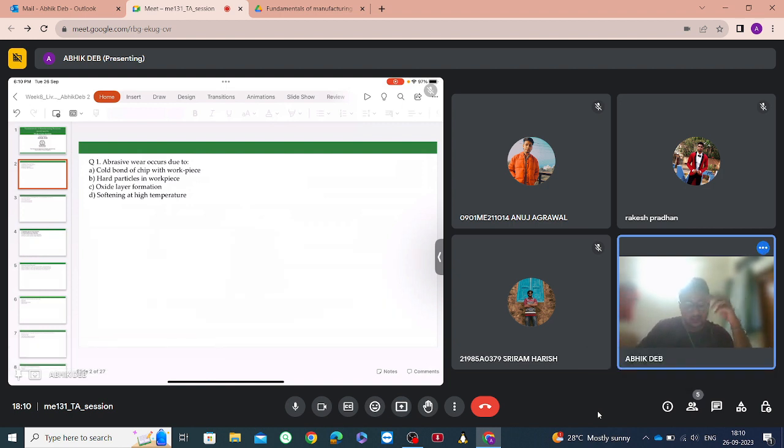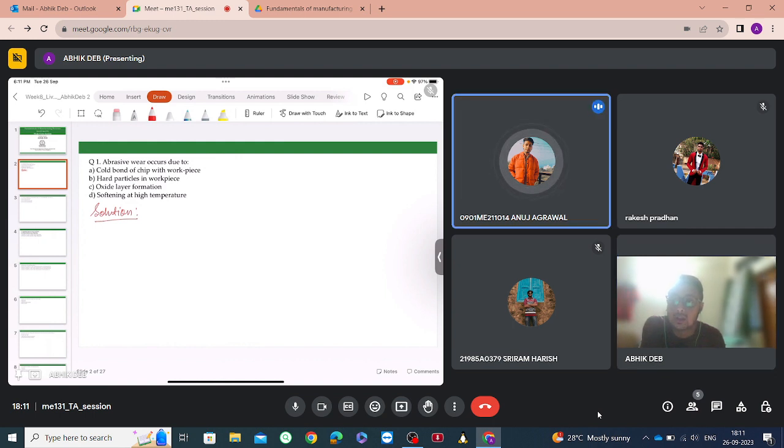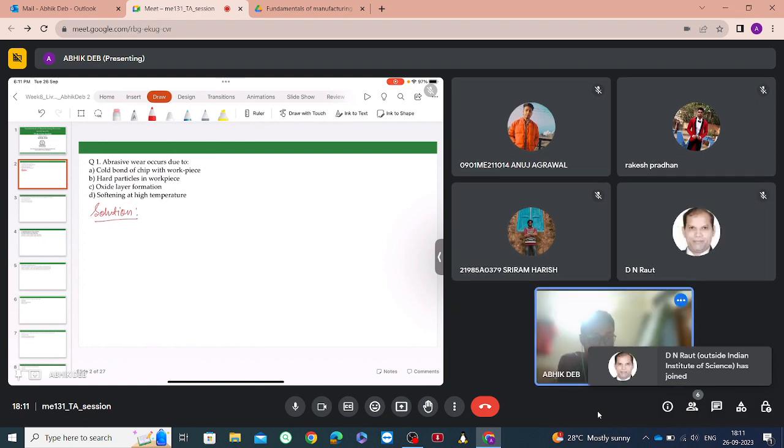Which of these results in abrasive wear? Option B, hard particles in workpiece, causes abrasive wear.